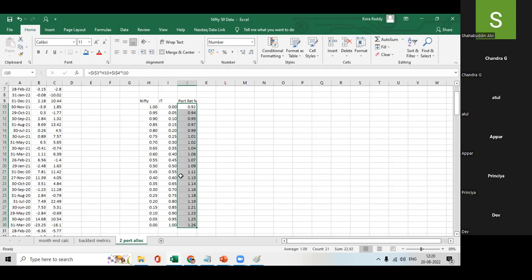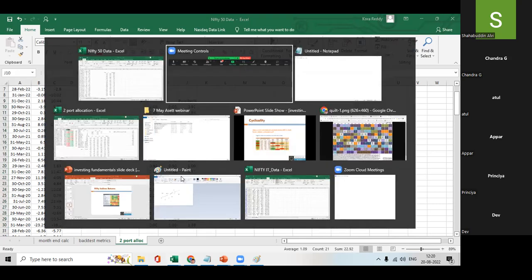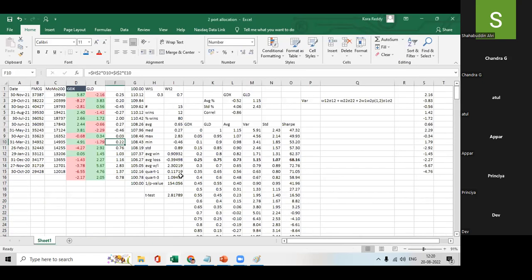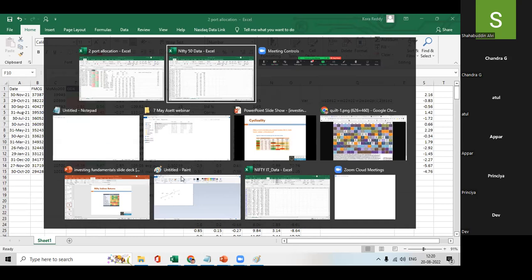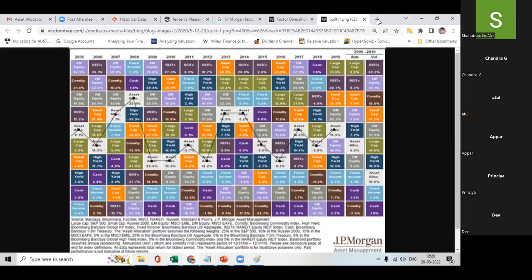Now calculating the standard deviation of the portfolio, because we want to get the Sharpe ratio, is a little tricky. So just search variance or standard deviation.